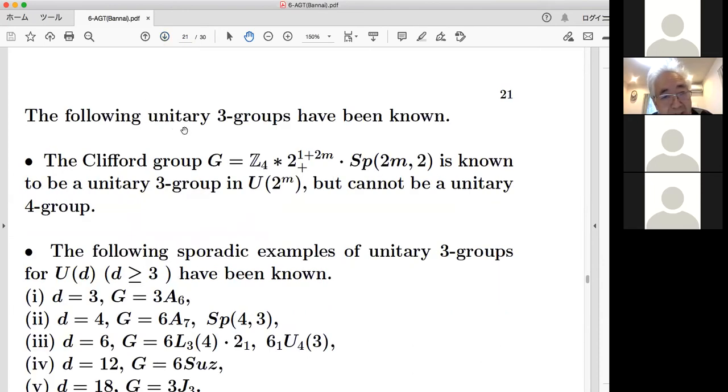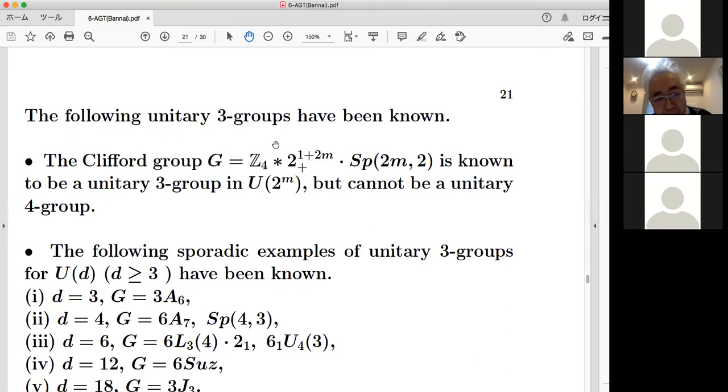The following unitary 3 groups have been known. One interesting example is the Clifford group. This group will appear in Dajiao's talk, in the next talk. But anyway, this is a very complicated structure. This is Z4, the cyclic group of order 4. This is a central product with an extraspecial group of positive type of order 2 to the 1 plus 2m.